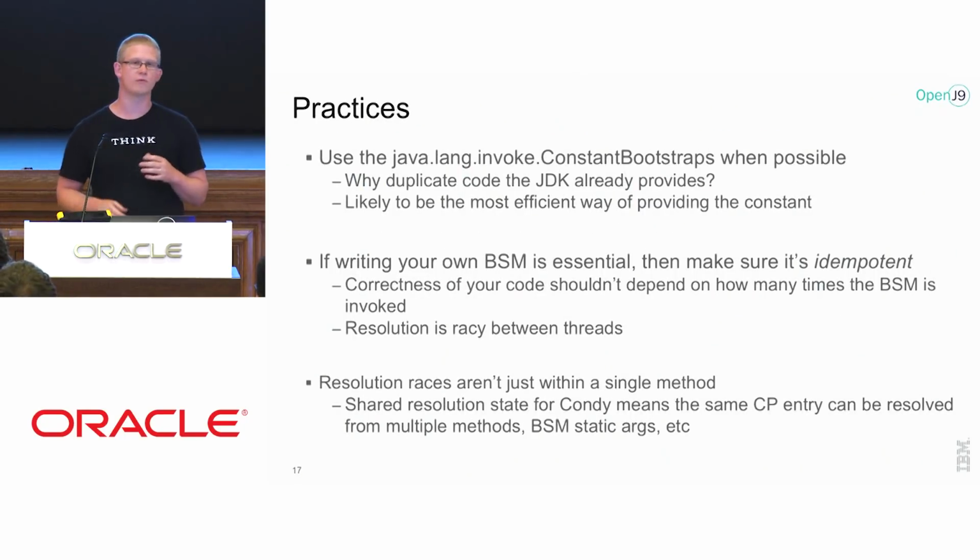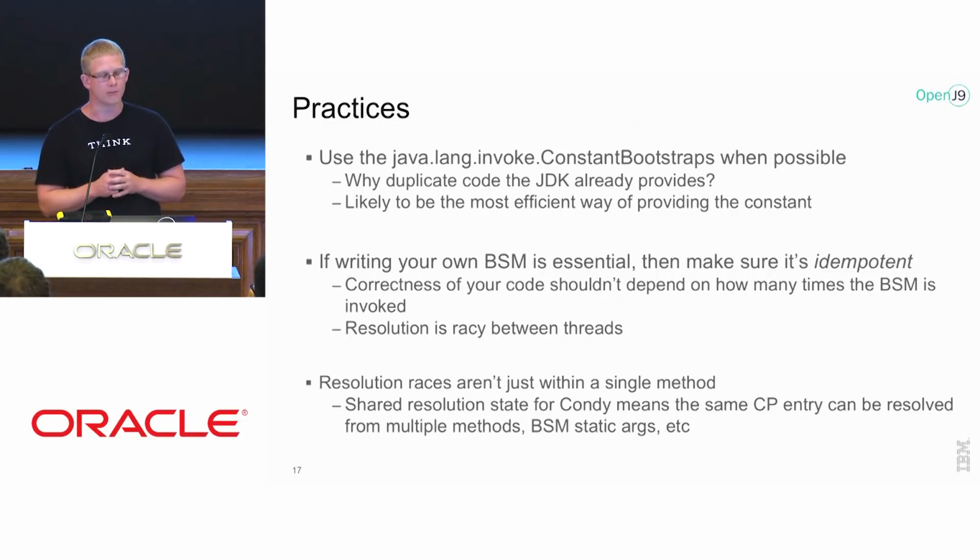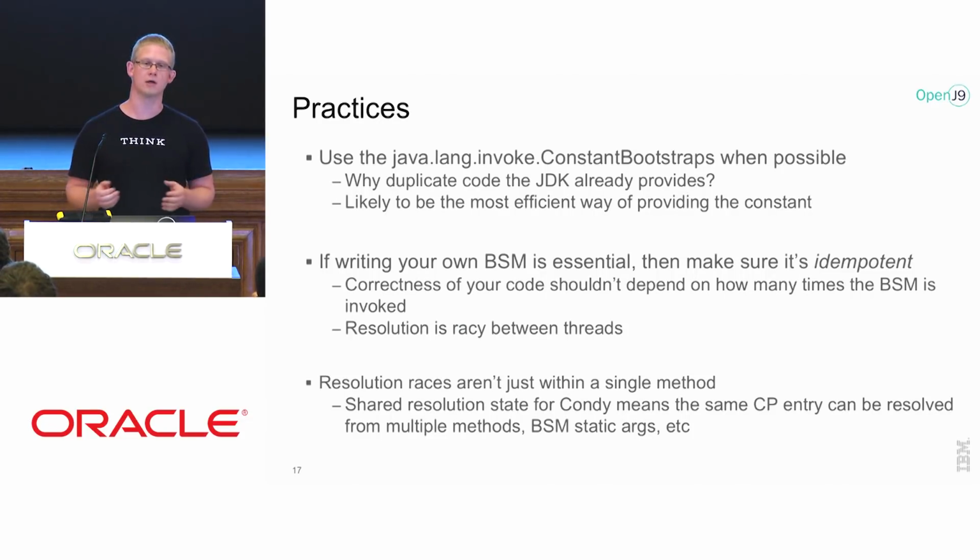All right, but whenever we give you a new tool, we generally try to give some form of guidance on when and how to use it, on some of the interesting things to be doing with it. And so with Condy, the first piece of guidance we give is try and use the constant bootstraps that the JDK has already provided. If you need primitive types, use the one to get a primitive class.